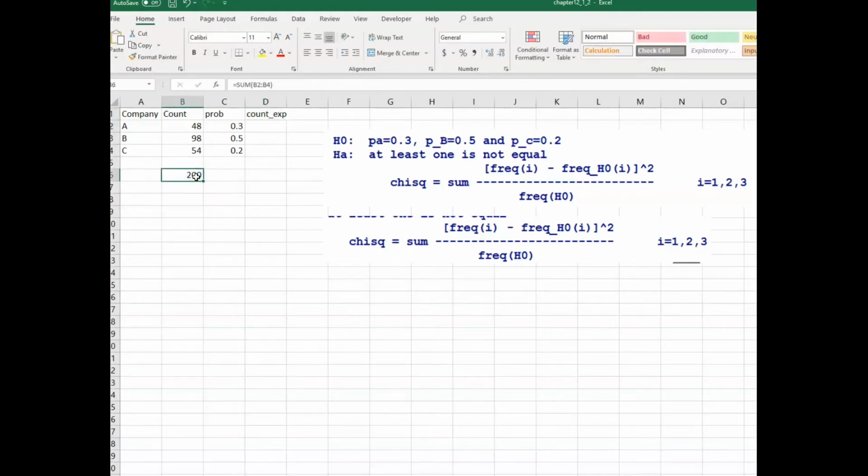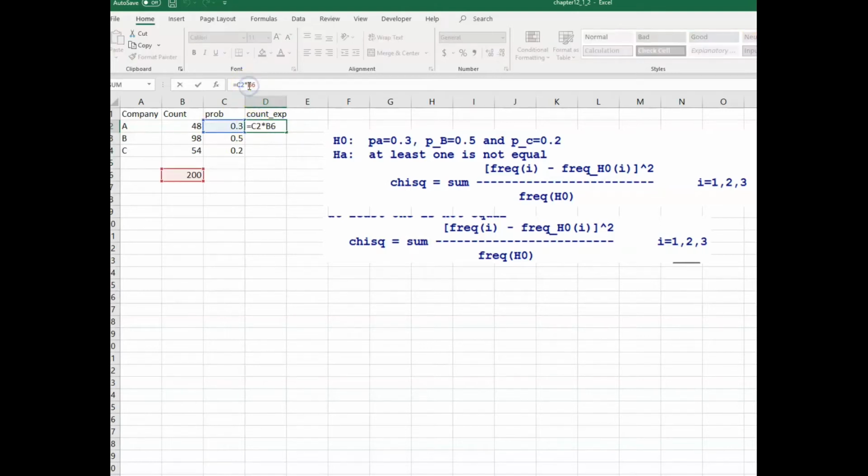Okay, the total is 200, 30%. Okay, so this is times total. Okay, 30% times 200. Okay, 60. So this expect value is 60.